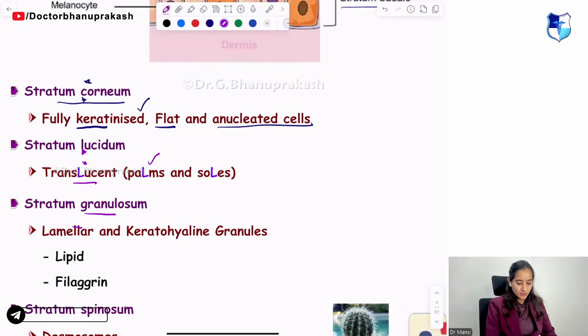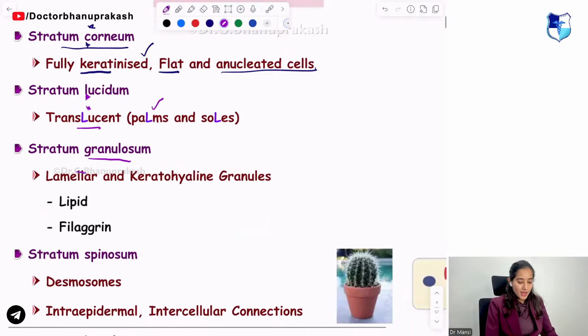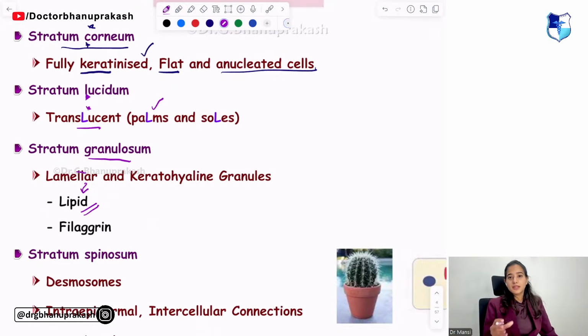Then we have the granulosum. The name itself suggests that it is a granular cell layer. It has two types of granules, the lamellar granules and the keratohyaline granules. Lamellar granules give the lipid component of the skin. What is the function of lipid? It gives the barrier function of the skin. You know that you come across a lot of microbes every day, but you don't get infected, right?